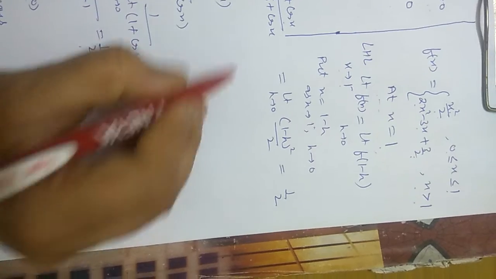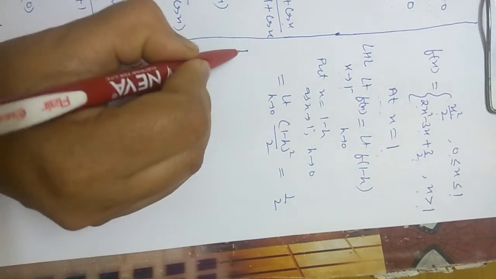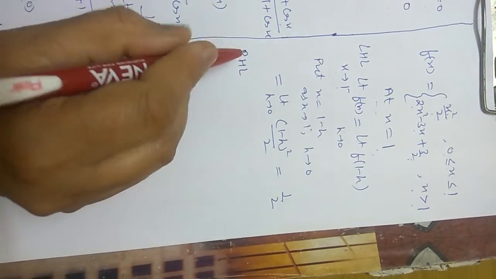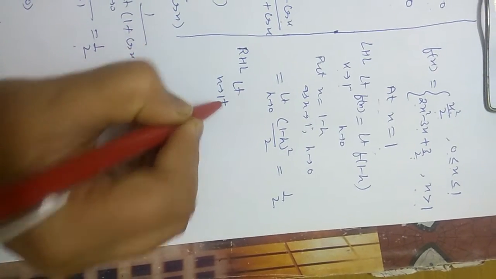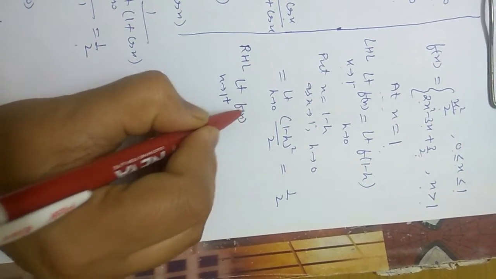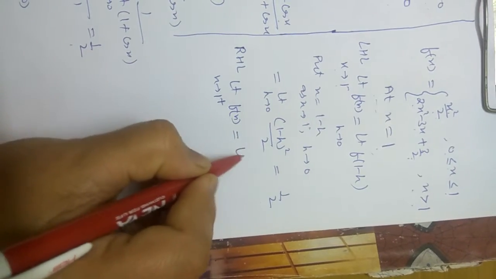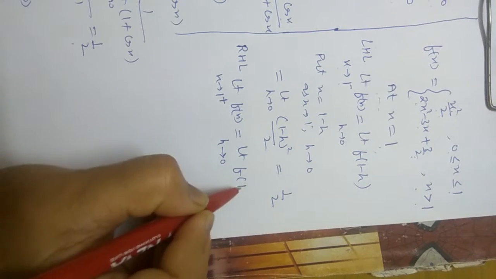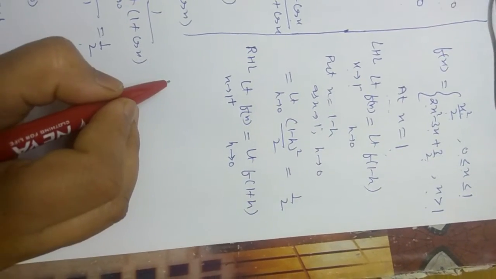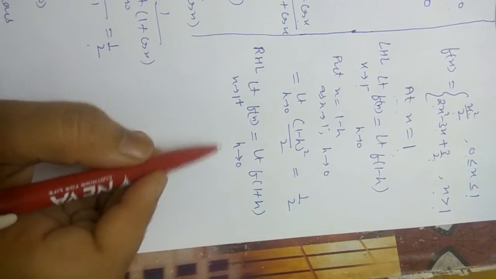Is it clear? And now we have a right hand limit. For right hand limit, limit x tends to 1 positive f(x) is equal to limit h tends to 0 f(1 plus h).